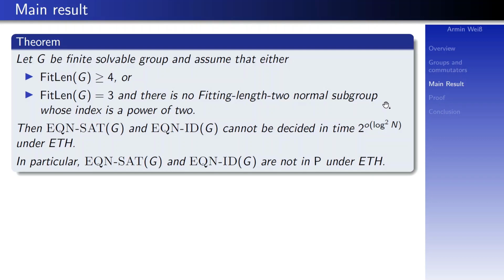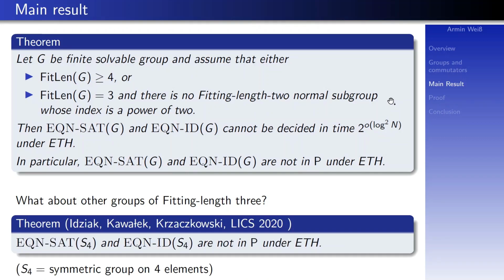Now here in the Fitting length 3 case, we have this extra condition, which is a little technical. And it's reasonable to ask, maybe we can remove it. And actually, there is an example of a group which doesn't satisfy this condition, but still equation SAT and equation identity are not in P under ETH.